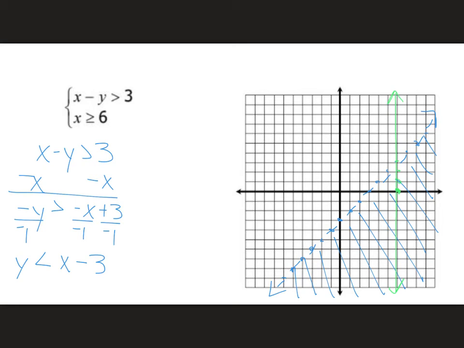This is a vertical line, so it's a little different. Well, here's x equals 7, x equals 8, x equals 9. So everything greater than 6 is like a number line, right? It's going to go to the right. So I'm going to shade this way. And then my solution is this overlapping area. So if we wanted to, we could pick a point on that. We won't do that for this particular problem.